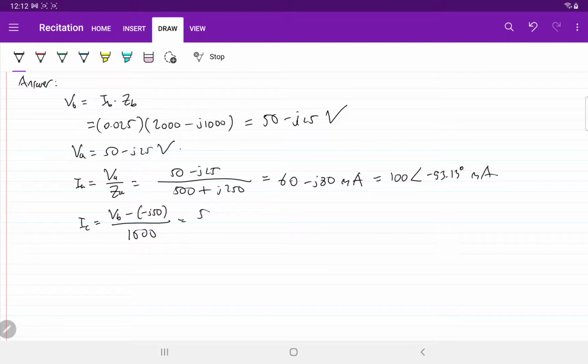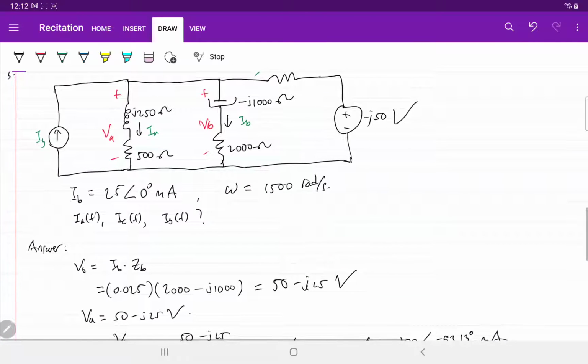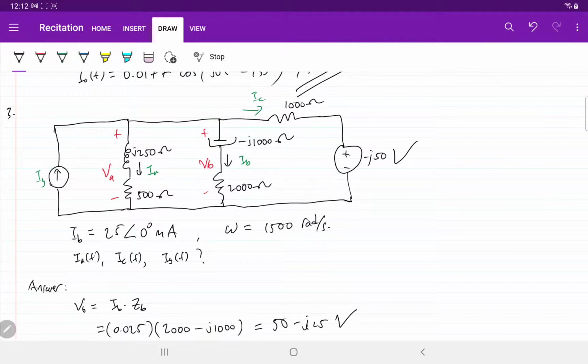So 50 minus j25 plus j50 over 1000 is 50 plus j25 milliamps, which is 55.9, and the angle is 26.57 degrees milliamps.